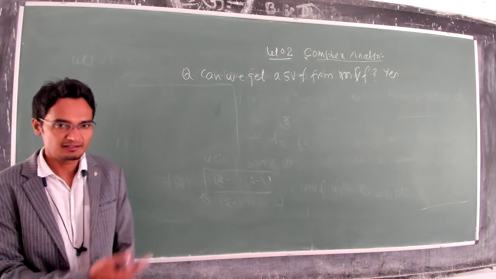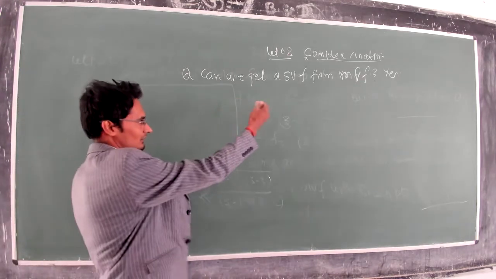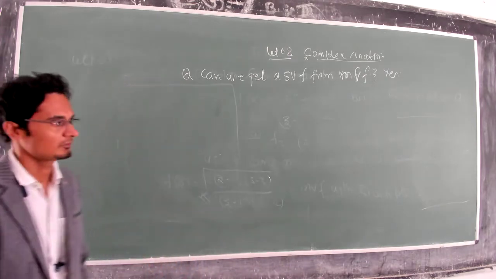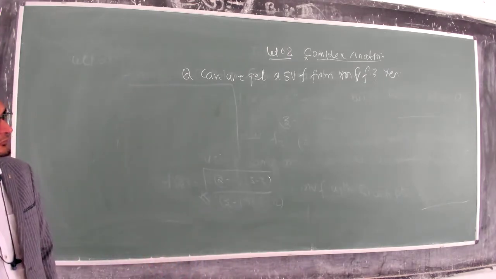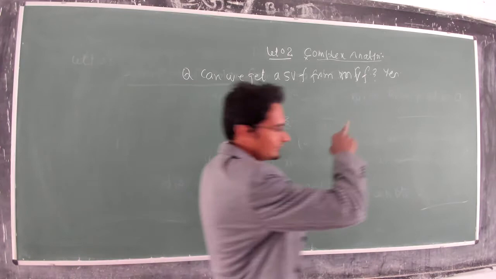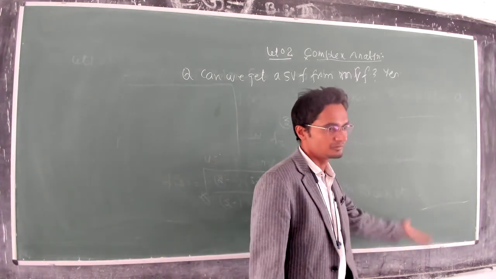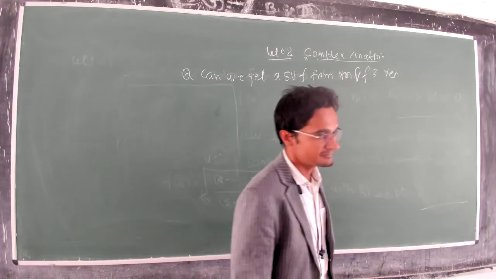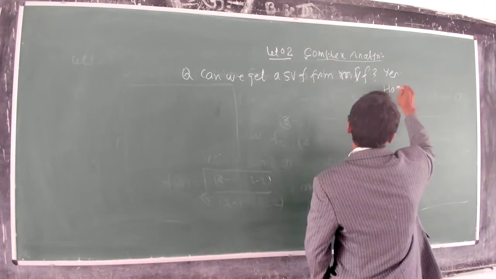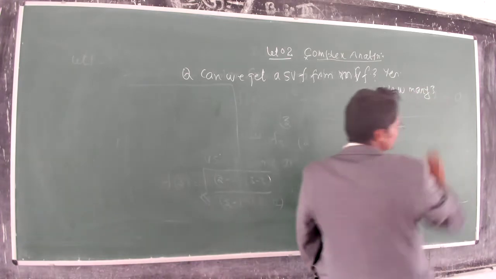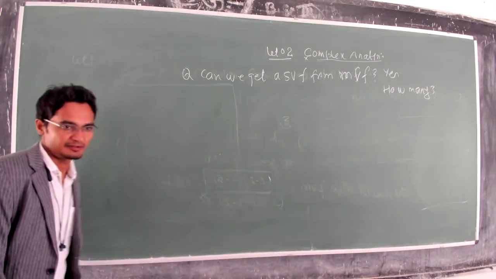So what are the criteria? We are going to learn how to get it. If the answer is no, then there is nothing to do. If yes, then the question arises, how many can we get?